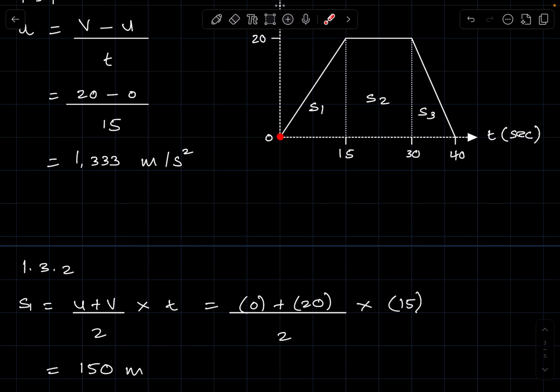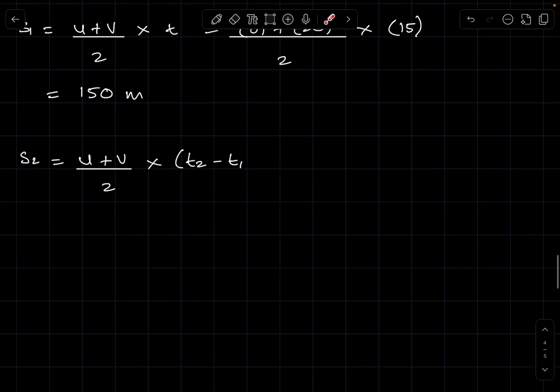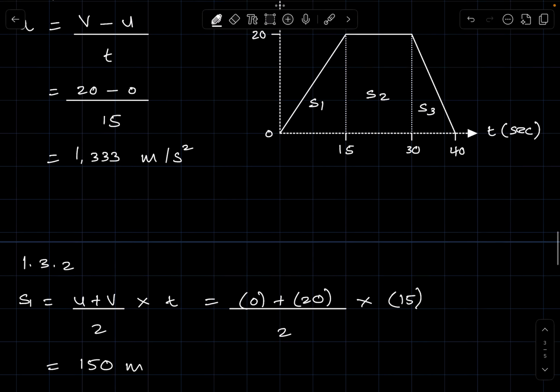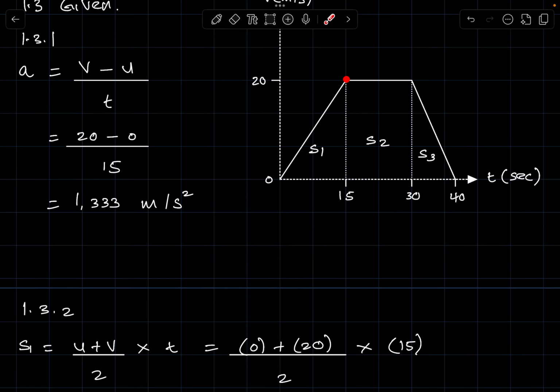So that's t0, t1, t2, t3. Because we're looking for the time it took for the object to move from this point to that point, we find the difference between 30 and 15, so t2 minus t1. Now the initial velocity and final velocity are the same, because the object is moving at uniform velocity.